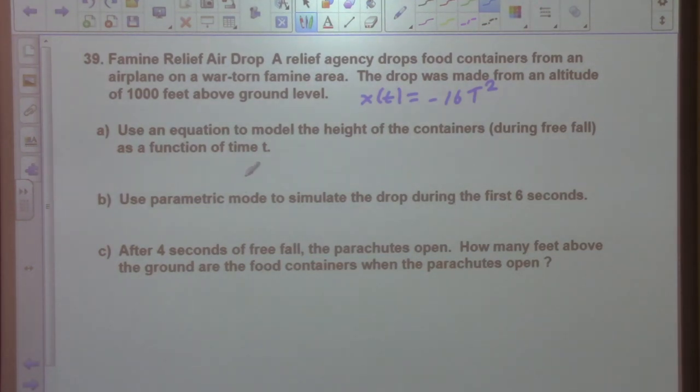Okay, so what happens is you're starting out at 1,000, so the height is going to be y equals 1,000 minus 16t squared. And that's going to be modeling the height of the containers during free fall.